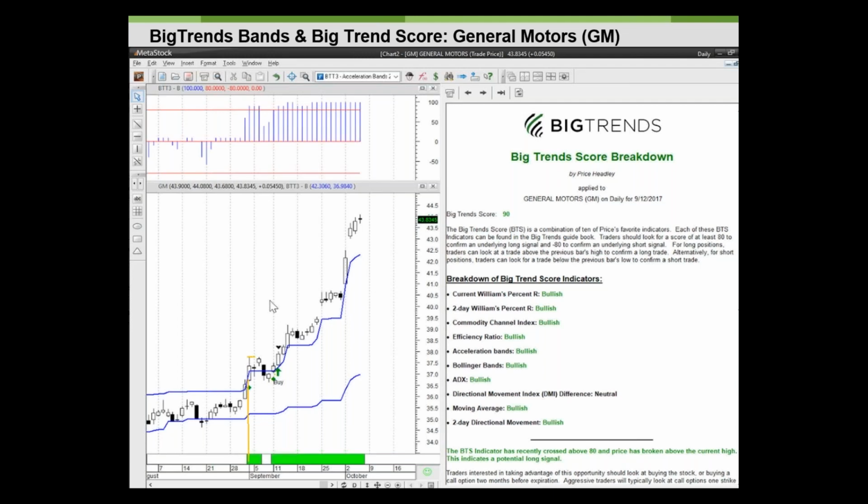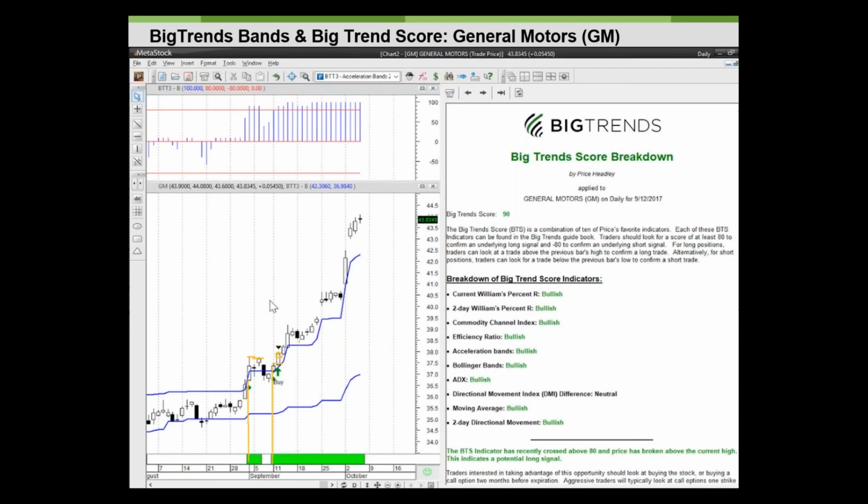That spike in late August needed to close above it. It didn't happen. You see it came back down. The green went away, and we wait for another reset point, which then happens here right on 9/11. You can see then the bar after that, we're closing above it. So you can see with that little arrow there pointing out that at the close we're getting a new buy on GM right about 37 3/4, just a little under 38 bucks.